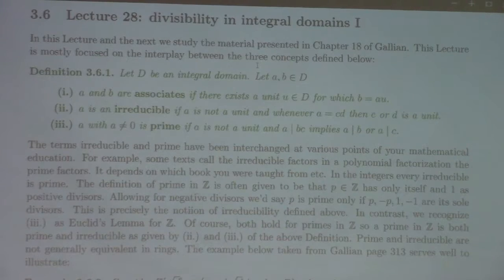But the thing is, no, they're not. In the context that we teach children polynomial division, we're working in polynomials over a field. Polynomials over a field are an integral domain. One of the things we prove in this lecture is that every irreducible is prime, and every prime is irreducible in an integral domain.